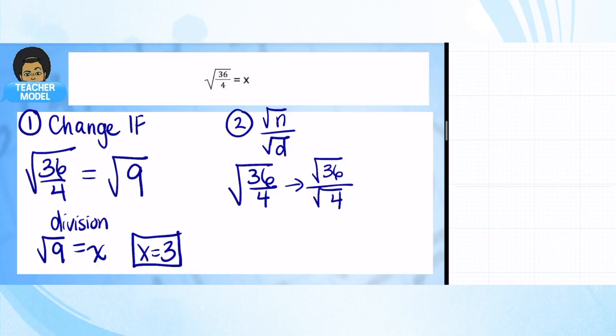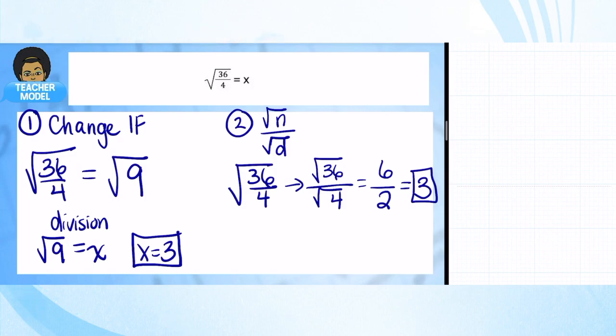And luckily, these 2 are easy enough for us to do. They are perfect square numbers. The square root of 36 is 6. And the square root of 4 is 2. So I get 6 over 2, which we can simplify. 6 divided by 2 is 3.